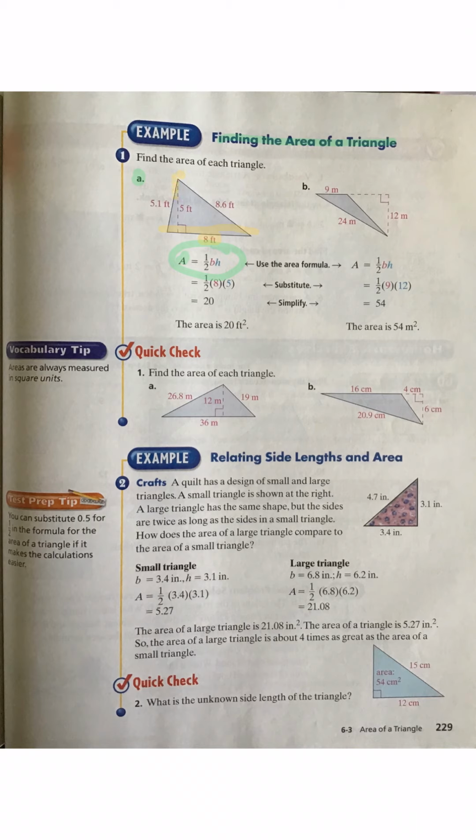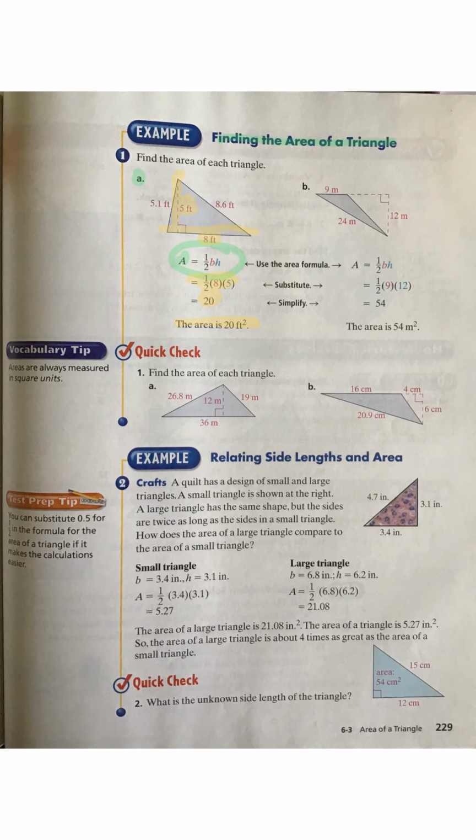The line straight down from the vertex is going to be the height. So the height is going to be 5 feet. So when we put those numbers in, we have 1/2 times 8 times 5. 8 times 5 equals 40, divided by 2 equals 20. The area is 20 square feet.